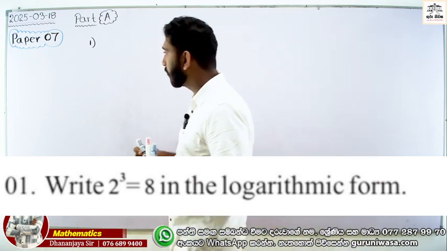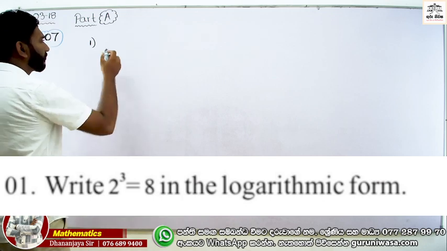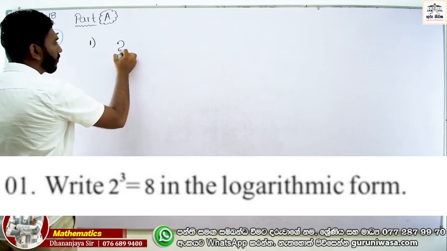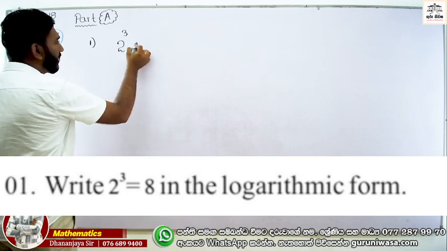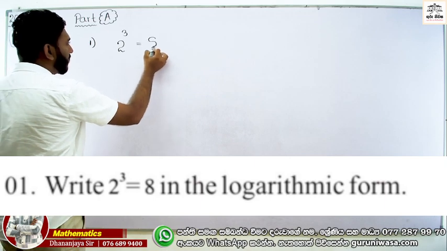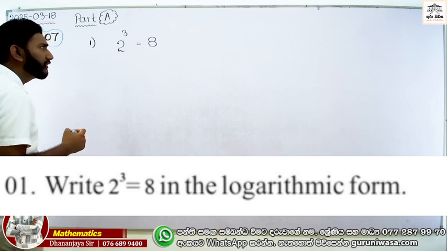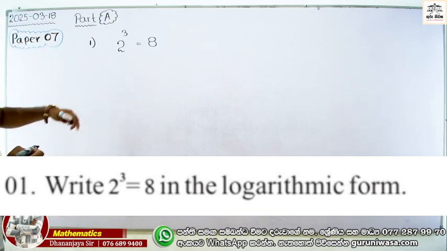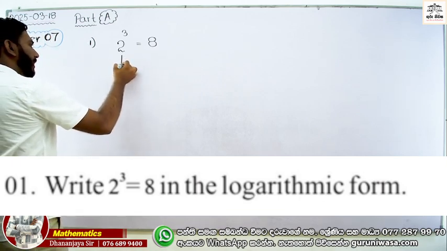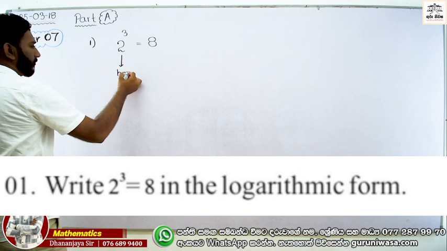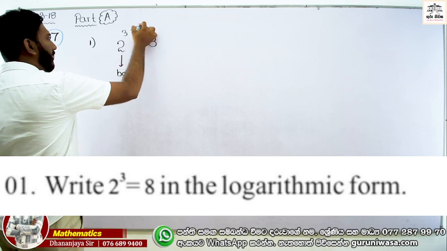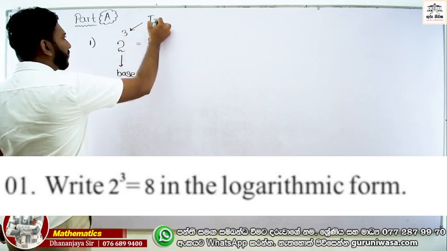We can write 2 to the power of 3 equals 8. This 8 is the value. This 2 we call the base. This 3 becomes the index.